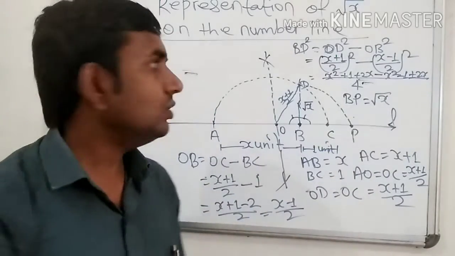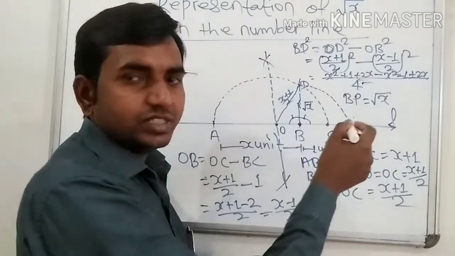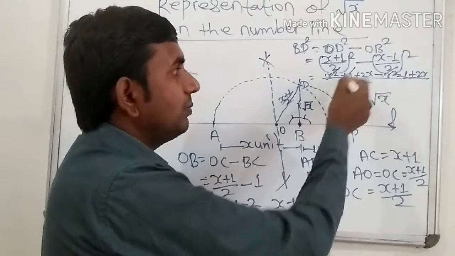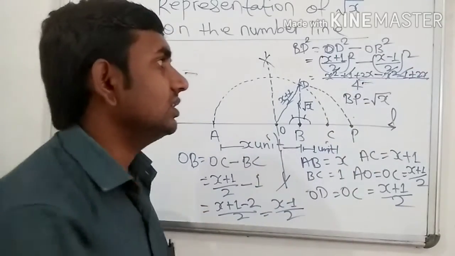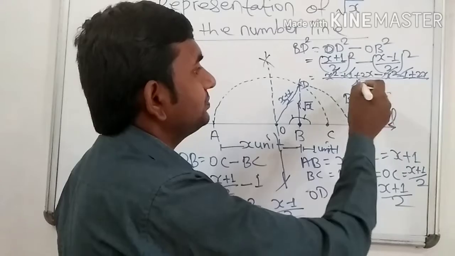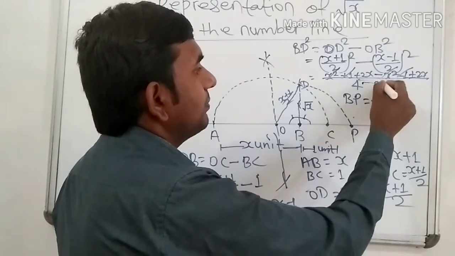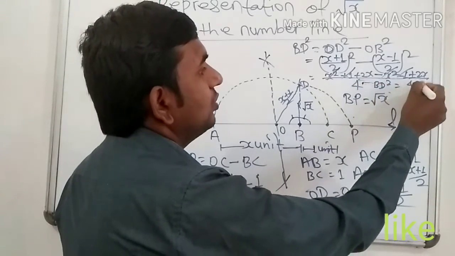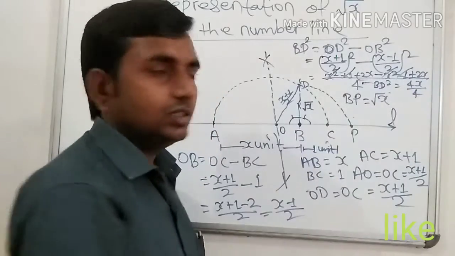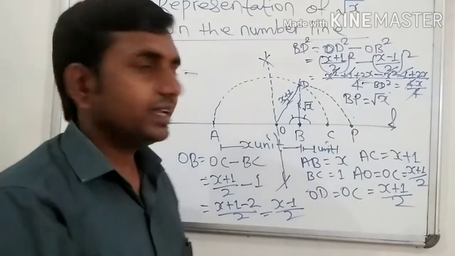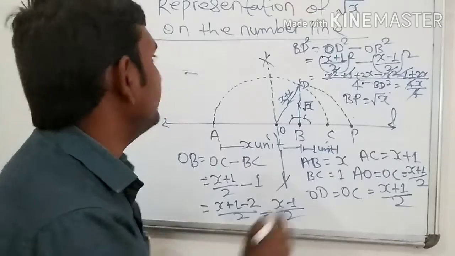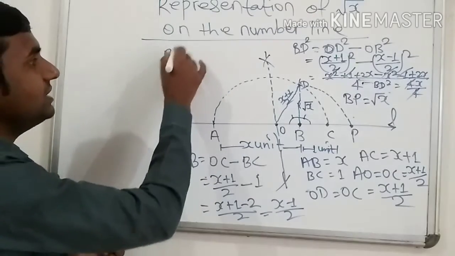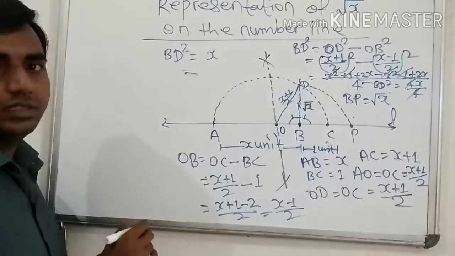Now x square minus x square cancels, and 1 minus 1 also cancels. Now we have BD square equal to 4x by 4. So 4 and 4 cancel, and BD square is equal to x.